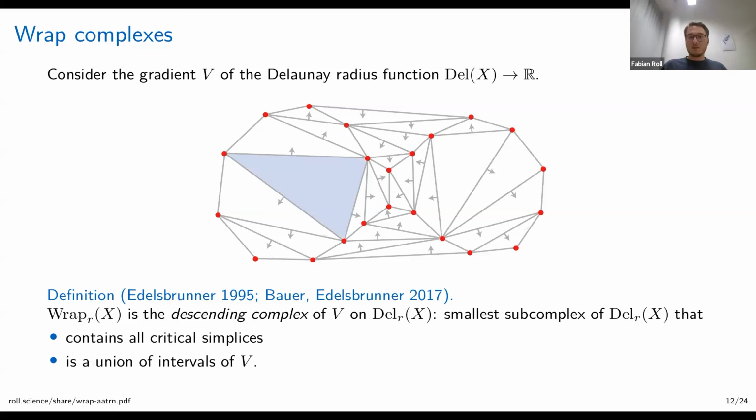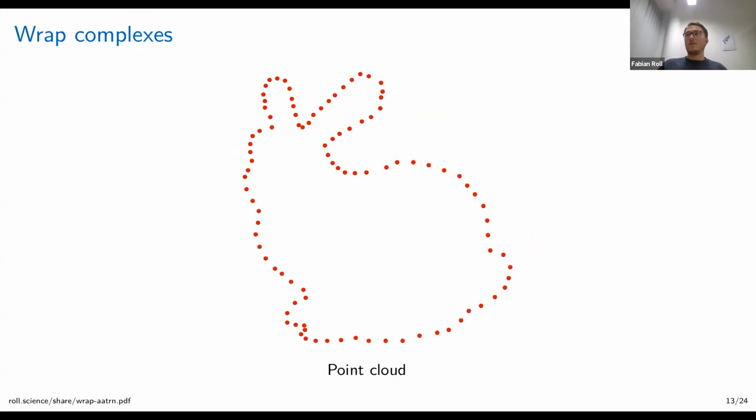And now, due to the second bullet point, we also know that we have to add these simplices that are now marked in blue. And if you go on, you see that this subcomplex in blue needs to be contained in the RAP complex. And similarly for the other two critical simplices. So everything that is in color now is precisely the RAP complex.